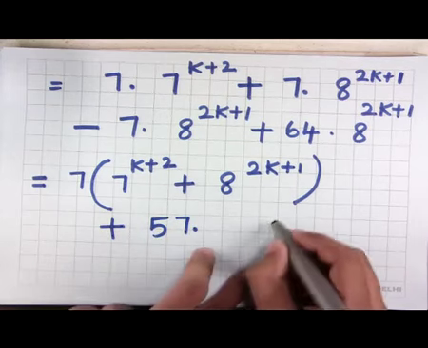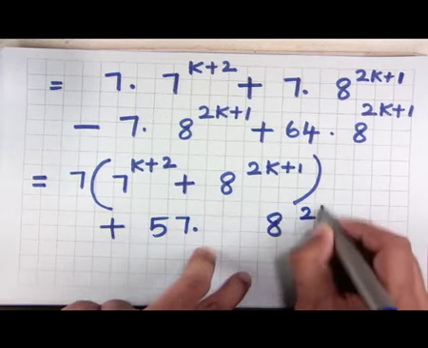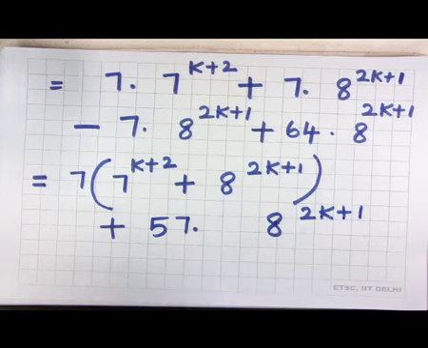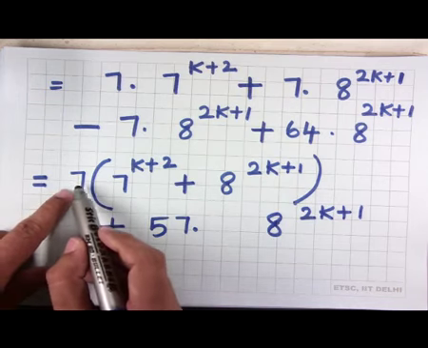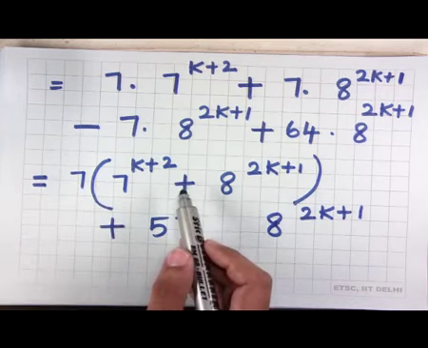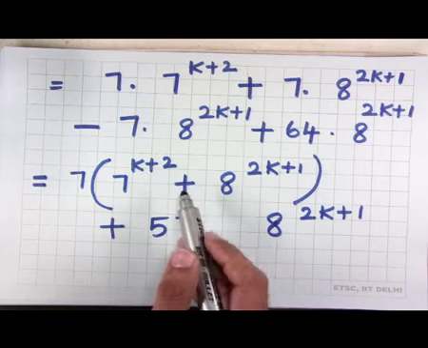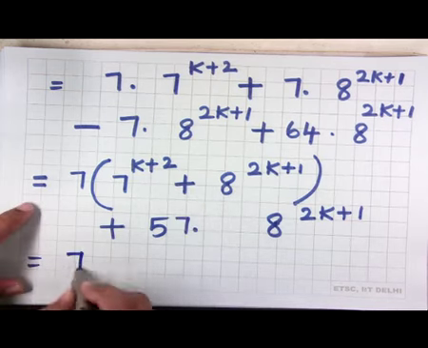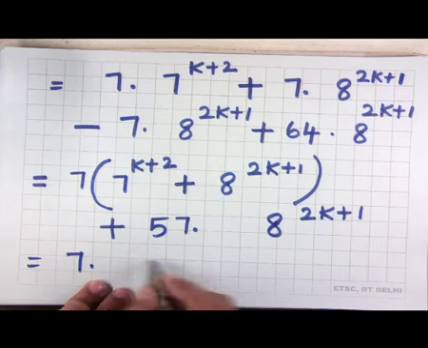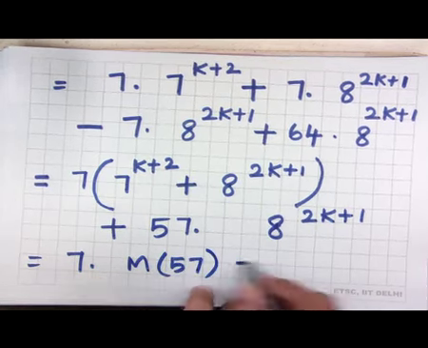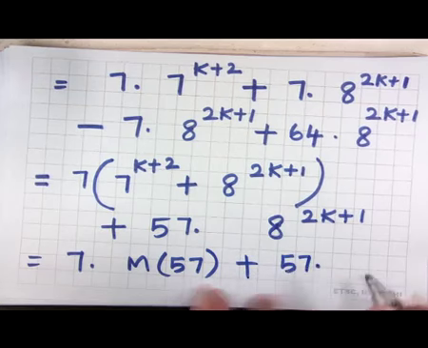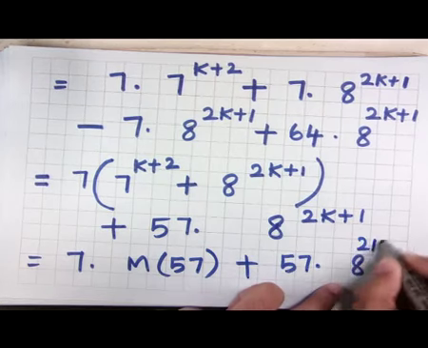that is equal to 57 times 8 power 2k plus 1. Now, what is inside the bracket along with 7 is assumed to be a multiple of 57. So, this is 7 times a multiple of 57, let me write m of 57, plus 57 into 8 power 2k plus 1.